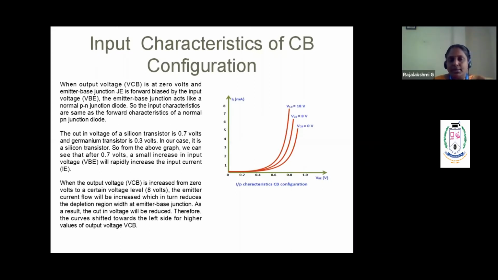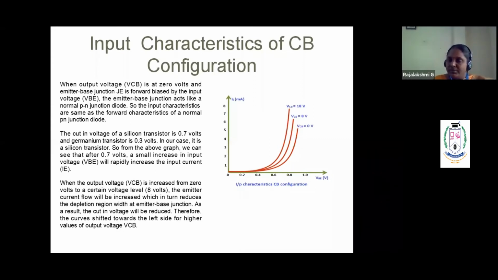Usually the cut-in voltage of a silicon transistor will be 0.7 and for germanium it will be 0.3. So depending upon the cut-in voltage, the current will start increasing because it resembles that of the PN junction diode under a forward biased condition. You can look into the curve. As voltage increases, the current also increases proportionally.